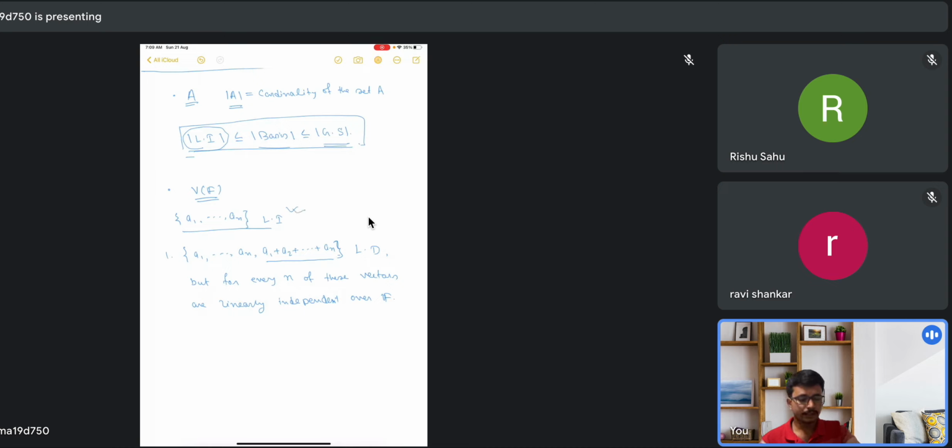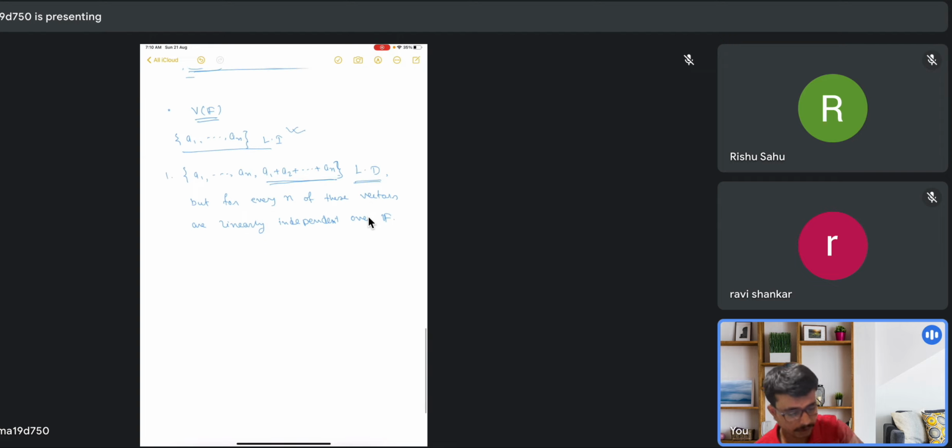We are adding one extra element to this set, so it will be linearly independent. So please tell me, what is the proof of this statement? Here only we are adding one extra element.